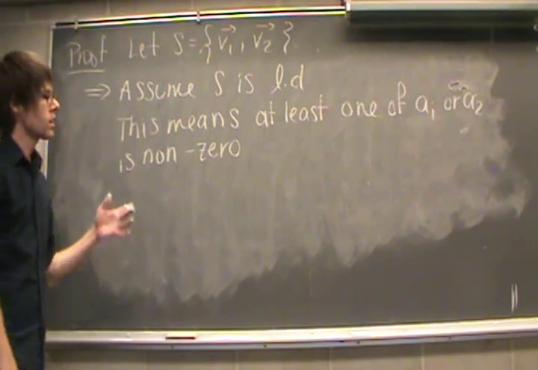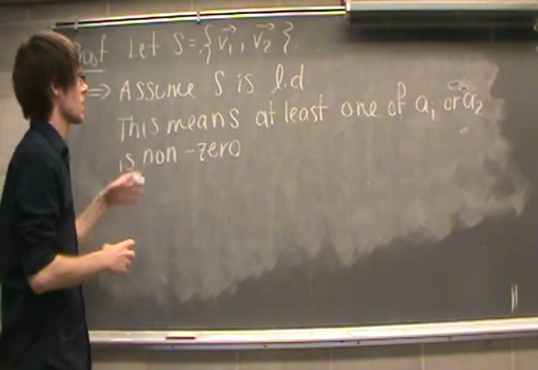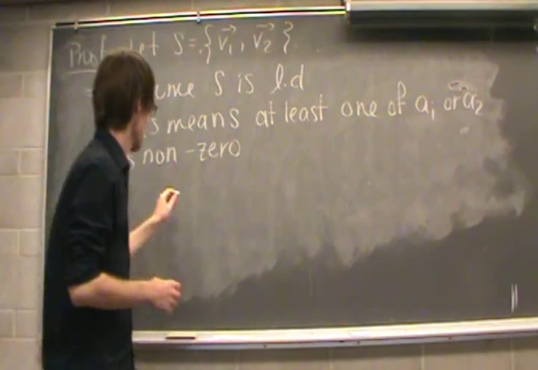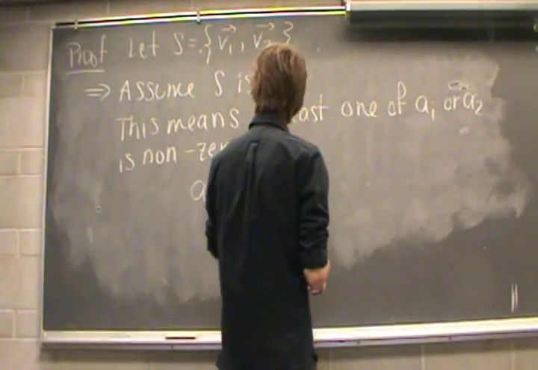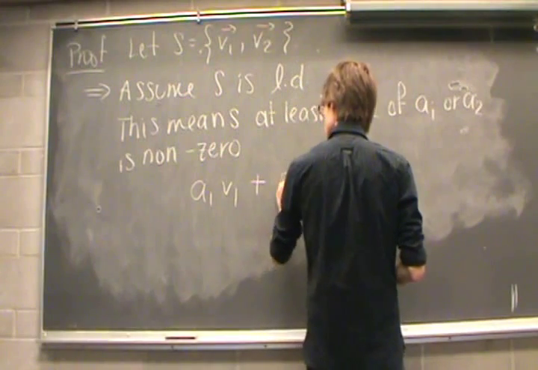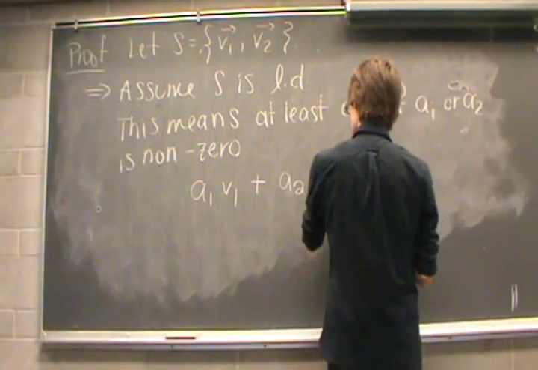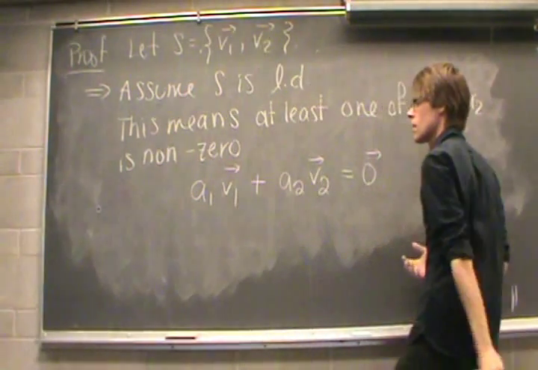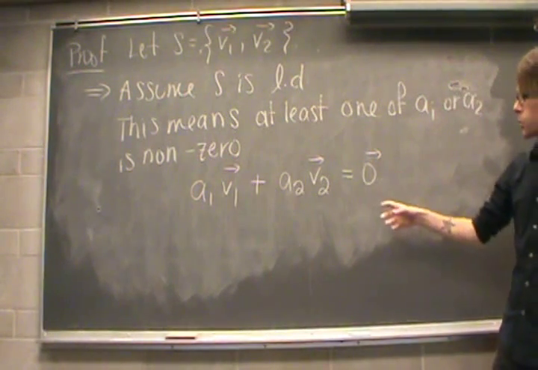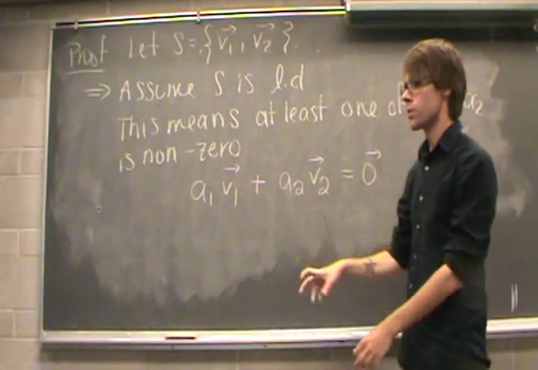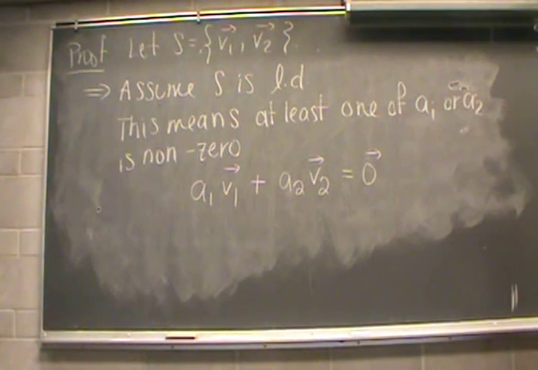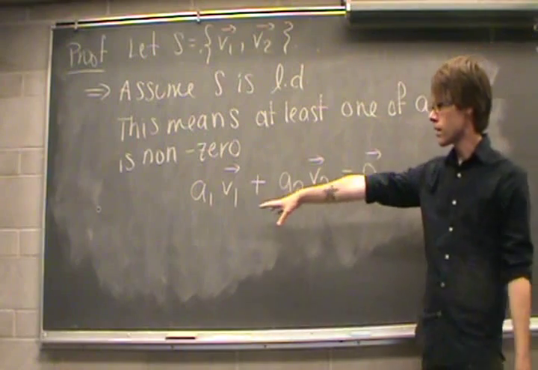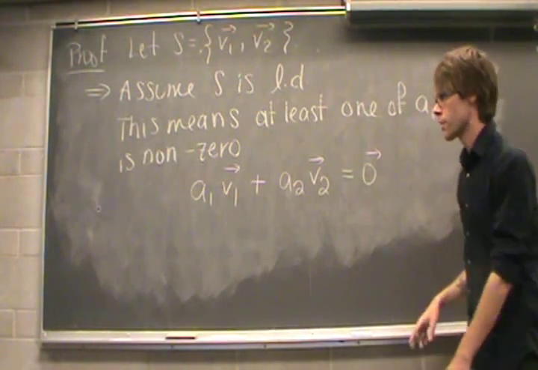That means at least one of these scalar numbers that comes in front of these vectors is non-zero. So if we were to write out the independence equation, we get this. If v1 and v2 are dependent, one of these numbers is not equal to 0. So let's pretend that a1 is non-zero.